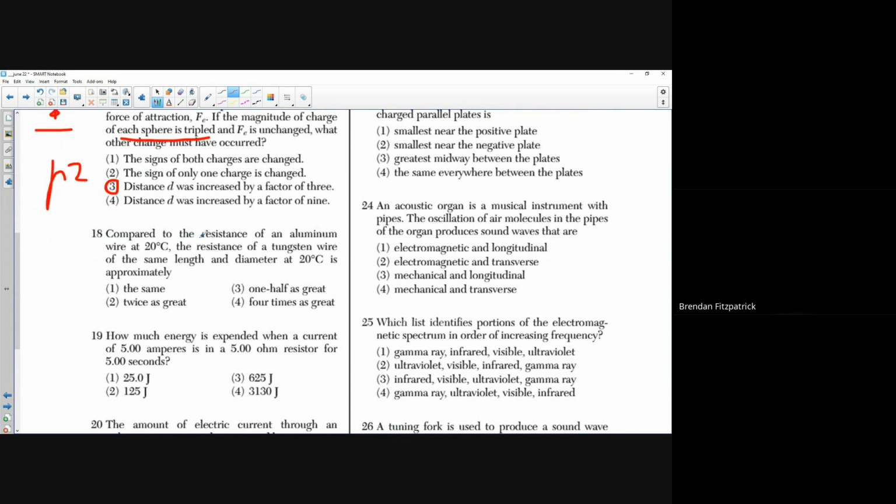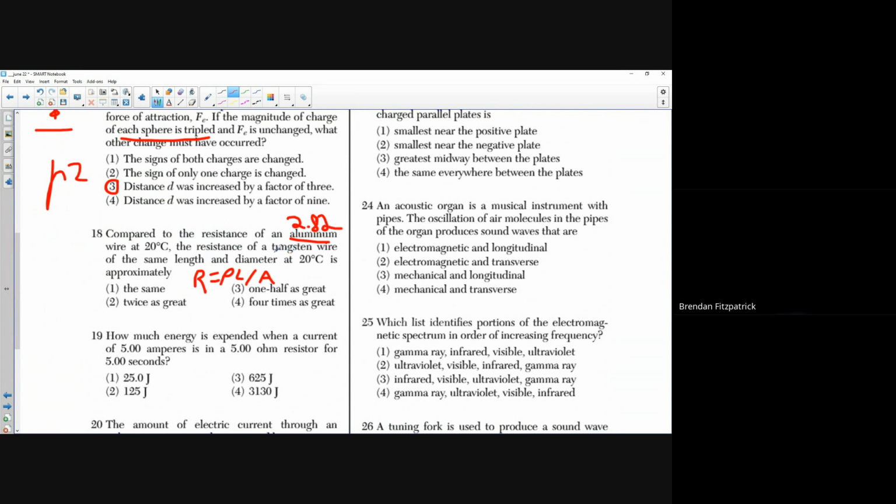18, compared to the resistance of an aluminum wire, the resistance of a tungsten wire is approximately what? So it has the same length and the same diameter. The only other thing is the resistivity, because remember, the resistance is equal to the resistivity times the length divided by the area. So for aluminum, it's 2.82 times 10 to the minus 8.